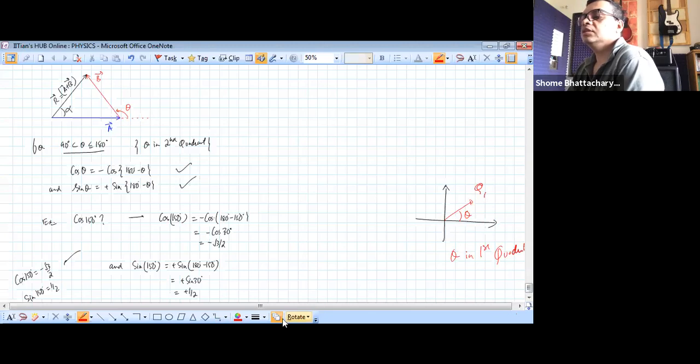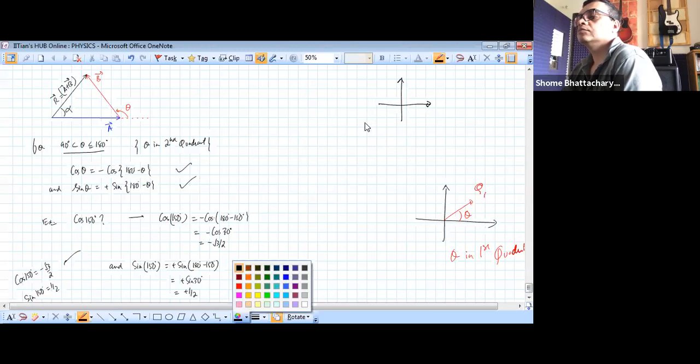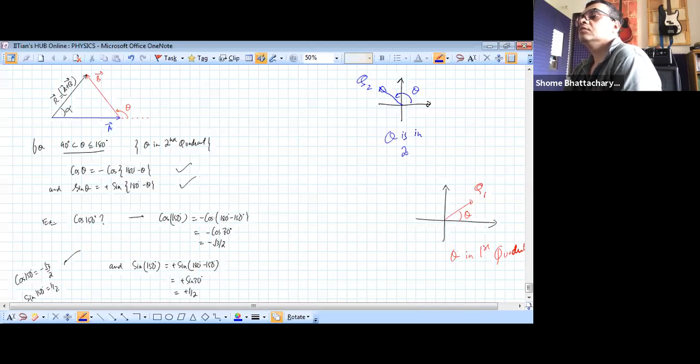But similarly, theta in second quadrant would be something like this. So this is quadrant 2. So here theta is in second quadrant.